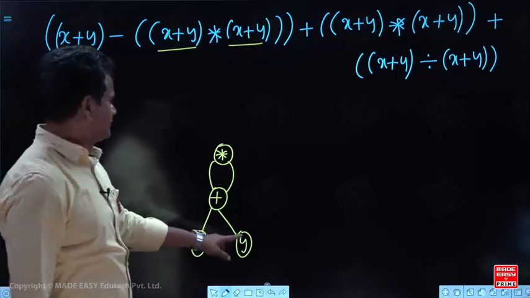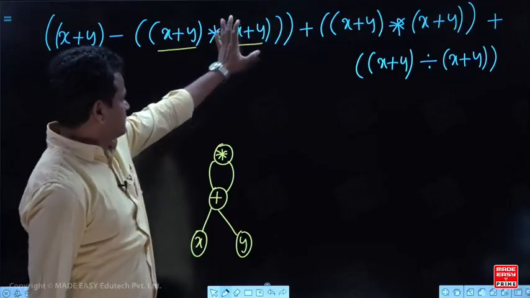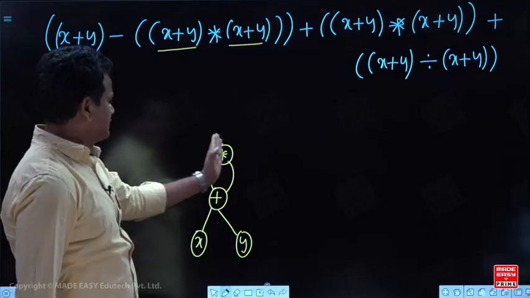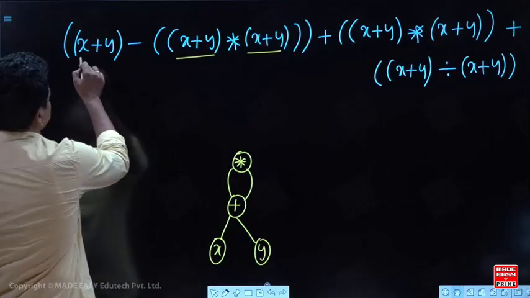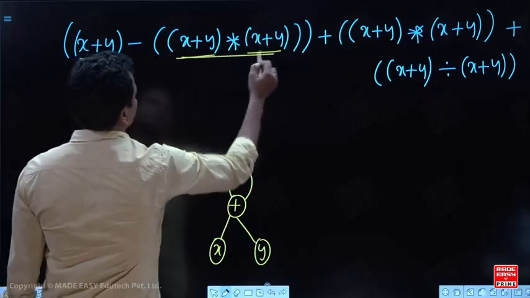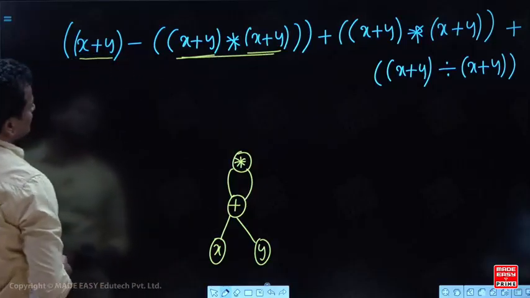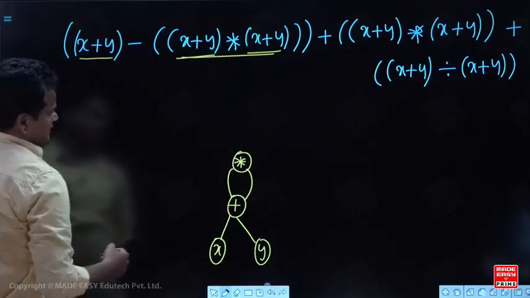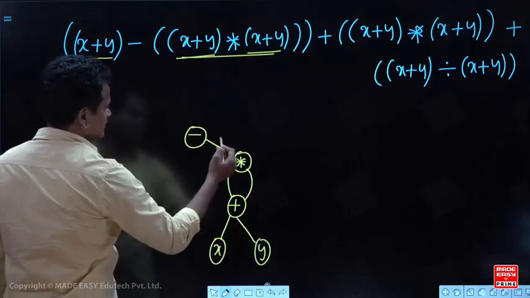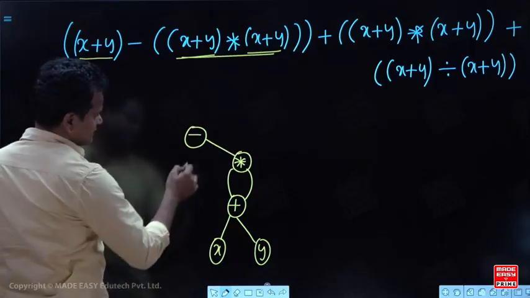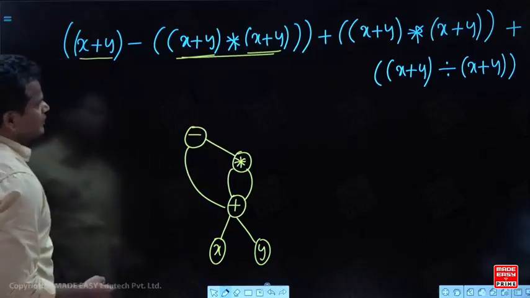X plus y into x plus y. Now we want to subtract this whole from x plus y. This whole is here, so subtract this from x plus y. Where is x plus y? This one. Okay, this is done.